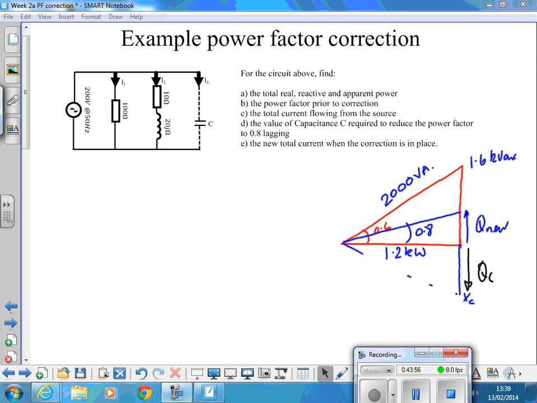Right, so how are we going about this then? How do we find Q new? How are you doing, Richard?